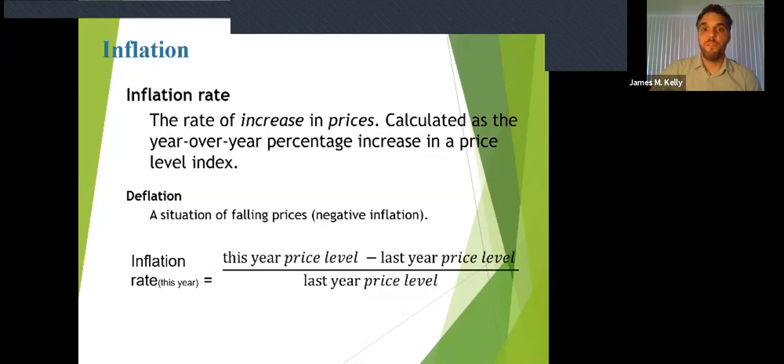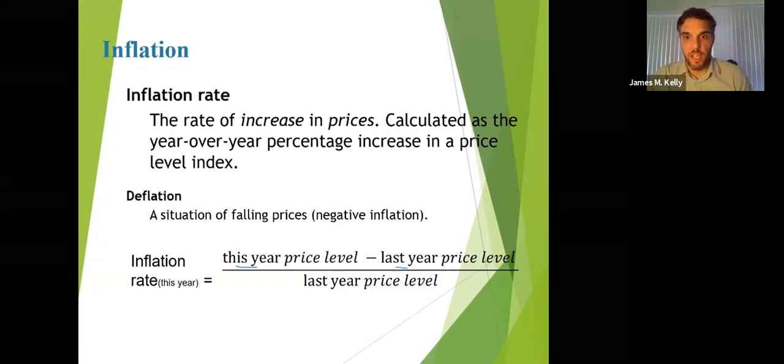Specifically, when we measure this year-over-year percentage increase, what we're doing is taking the difference between this year's prices and last year's prices and seeing how much they've grown since last year.